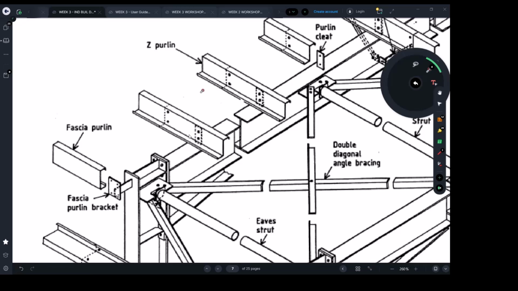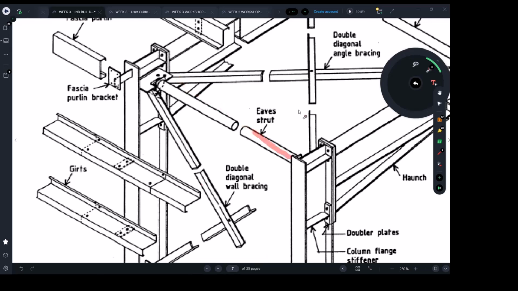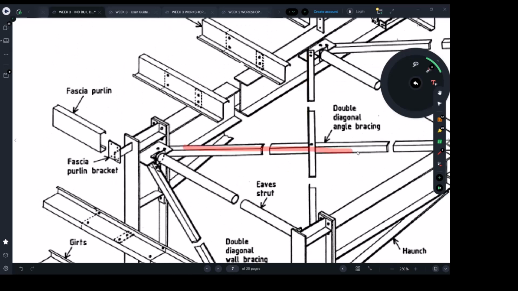The heavy steel we use to build the columns, the rafters, the haunches, the eave struts, the bracing. They can be small or big, but when we say heavy, they're not cold formed; they are rolled sections.